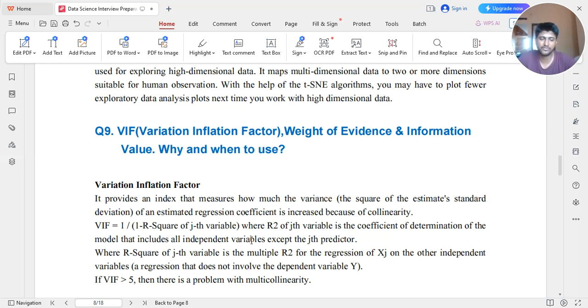VIF is equal to 1 divided by 1 minus R squared of the jth variable, where R squared of the jth variable is the coefficient of determination of the model that includes all the independent variables with the jth predictor.